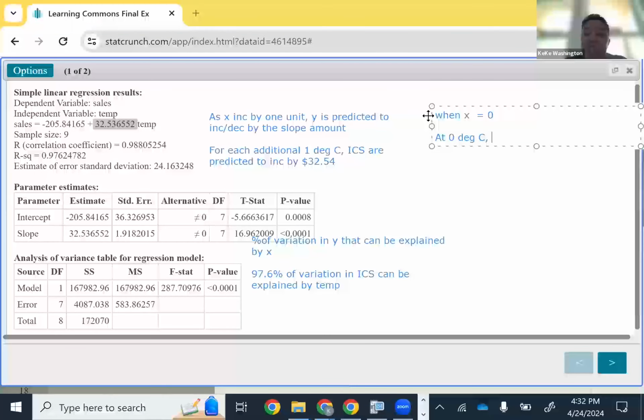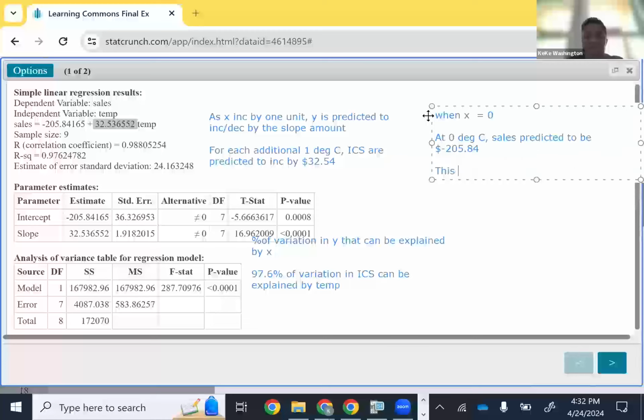So that will be your sales, predicted to be that value. So at 0 degrees Celsius, sales are predicted to be negative 205.84. All right, and then you would say this value is meaningless because we cannot have a negative value for sales.